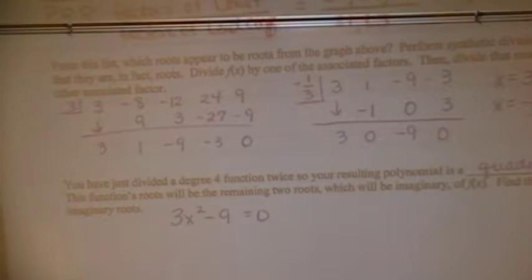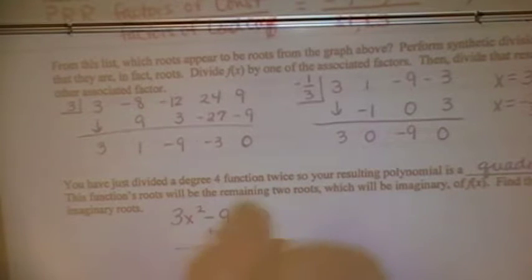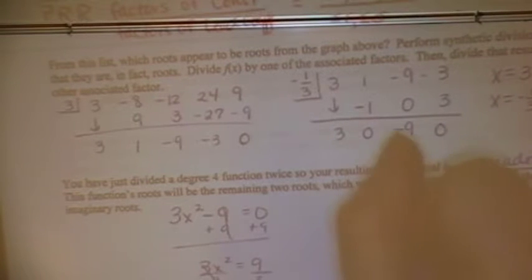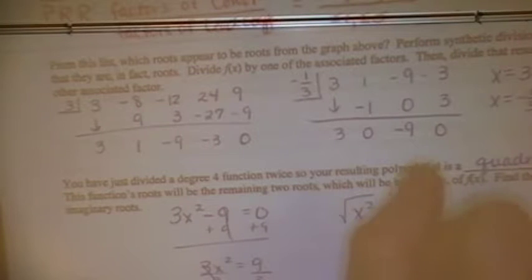So now I can just solve for x. I'm going to add 9 to both sides. Divide by 3. So I get x squared equals 3. Take the square root. Don't forget, when you take the square root, there are 2 answers.